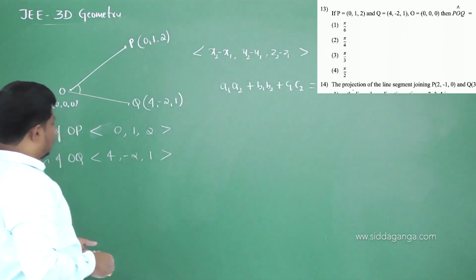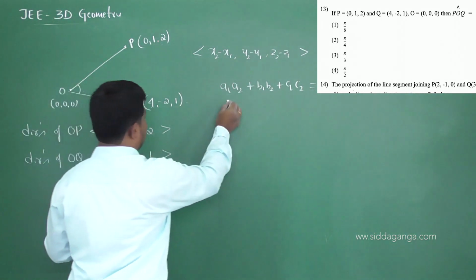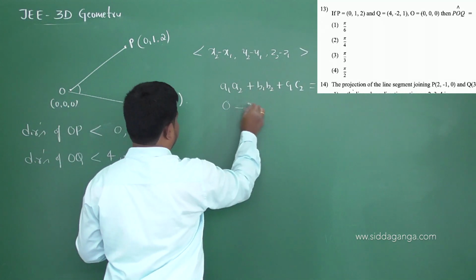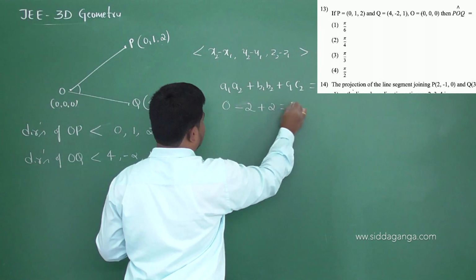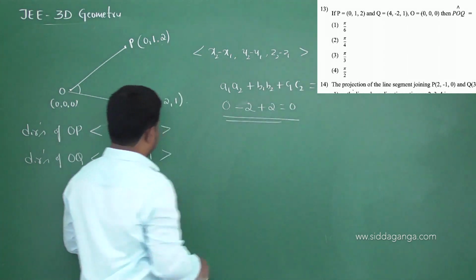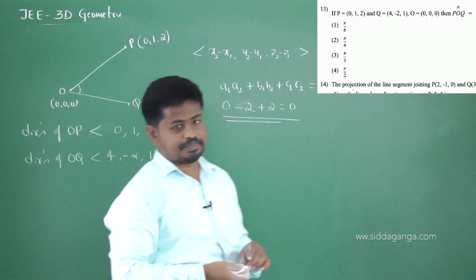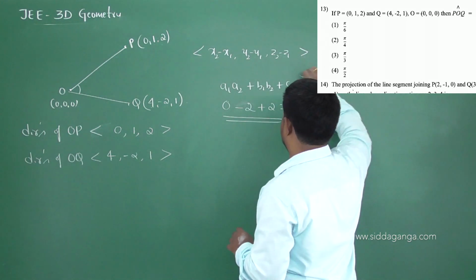Here let us check whether they are perpendicular or not. So 0 into 4 is 0, plus 1 into minus 2 is minus 2, plus 2 into 1 is 2. Of course you get 0. Then I can say the angle between these two is 90 degrees, because this is the condition for perpendicularity.